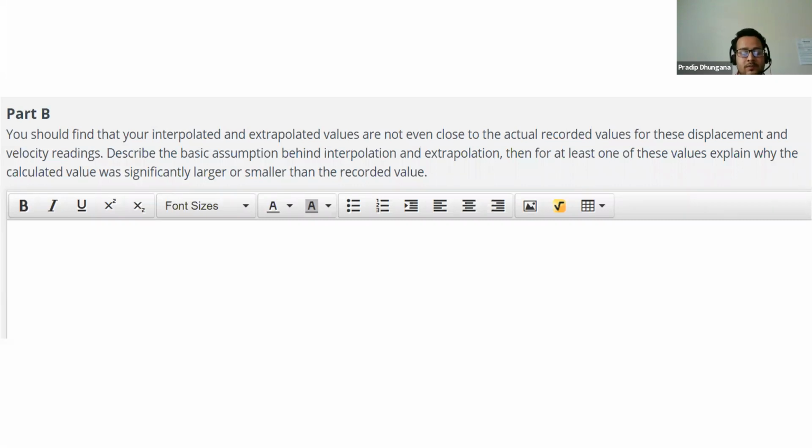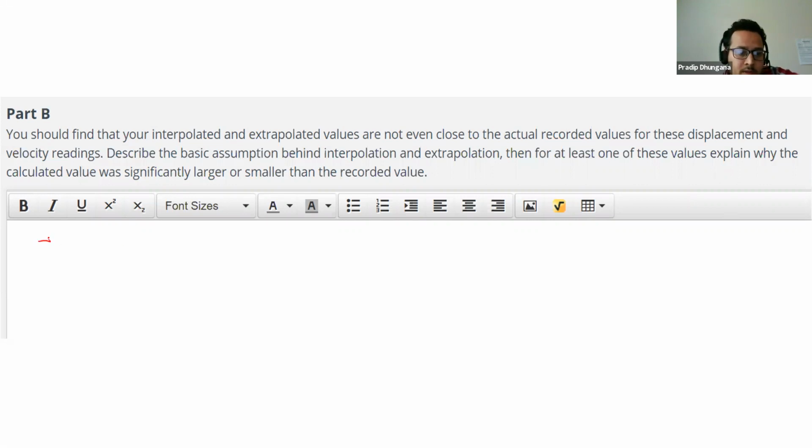You have to write your description. So whenever we use interpolation and extrapolation, in our case, we used linear approximation. Okay, we used linear approximation. I'll write in a short form here.